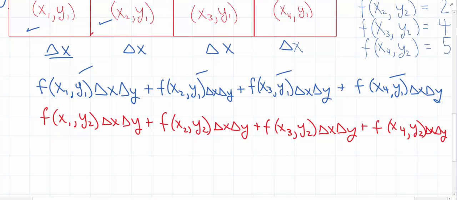Now, you can see what we've done there is we've got 8 prisms, we've got the volume of each. If we add those up, that will approximate the volume below that surface and above our region.